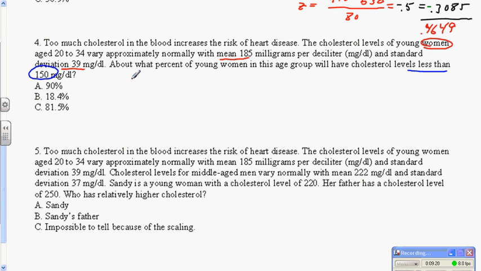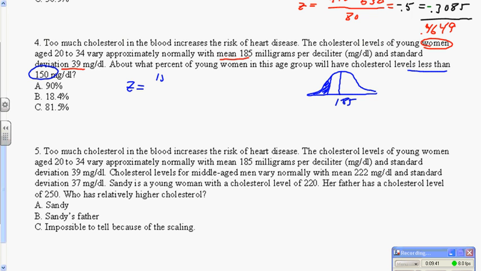Again, we need to find a z-score. I should make the graph first. Here's 185, and you have 150. Less than means we're looking at this area.